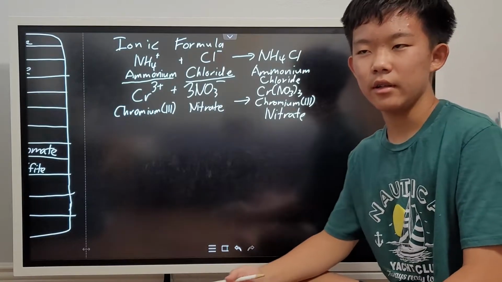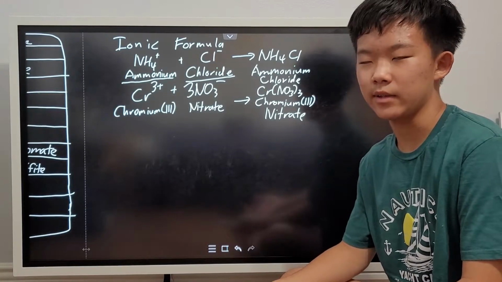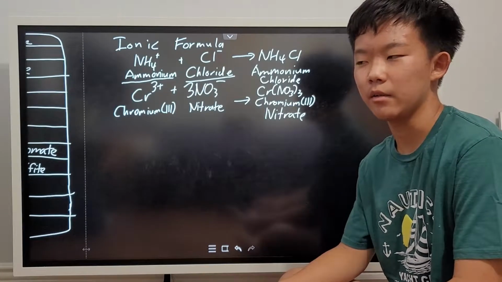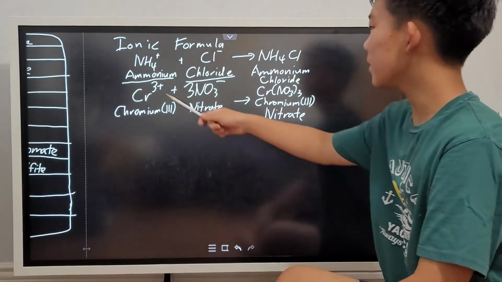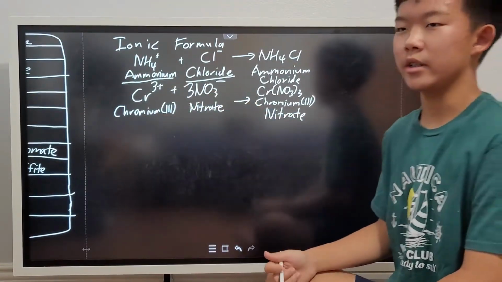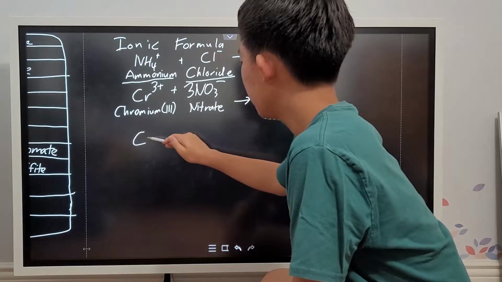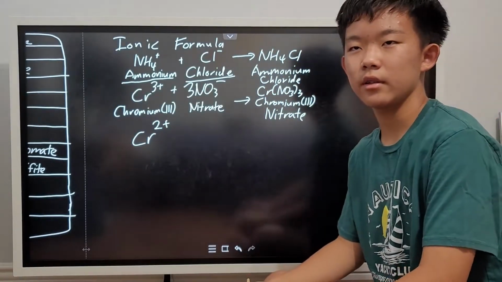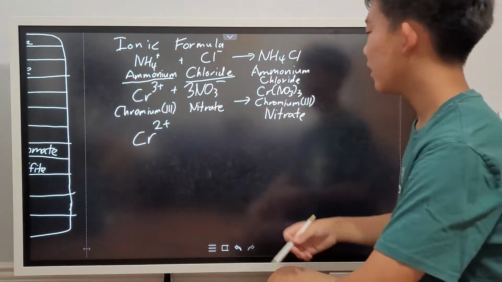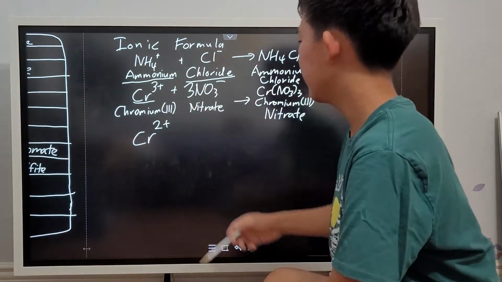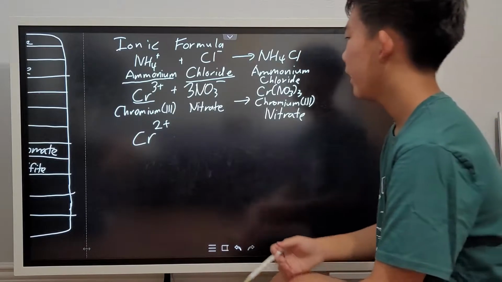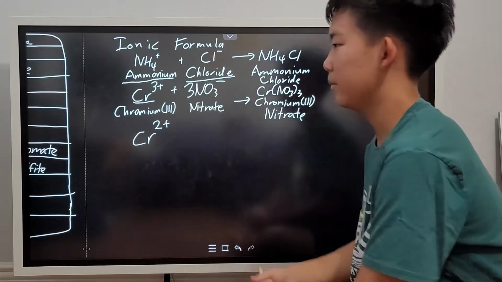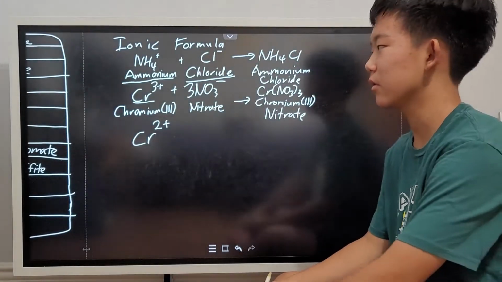Now what if the cation has more than one possible oxidation state for the same element? Like chromium here. Chromium 3 is very common, but chromium 2 ions also exist. Well, then we use something called the Stock system. The idea is that you first name the element's name, in our case chromium, and then you put the oxidation state inside parentheses in the form of Roman numerals.